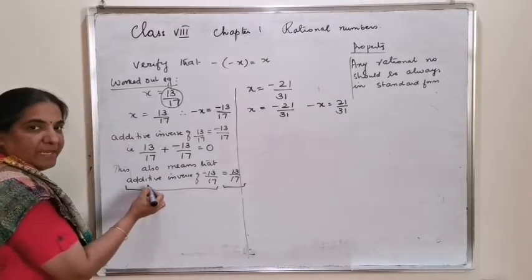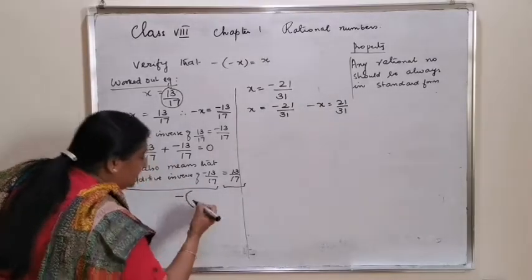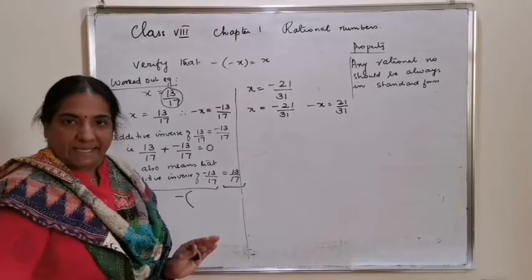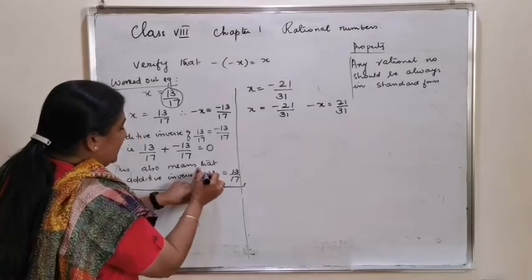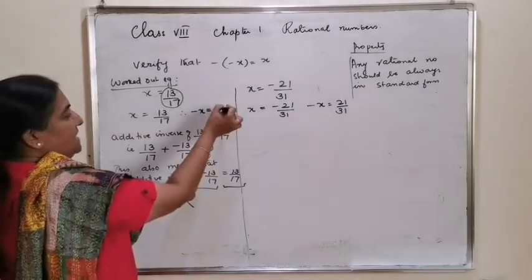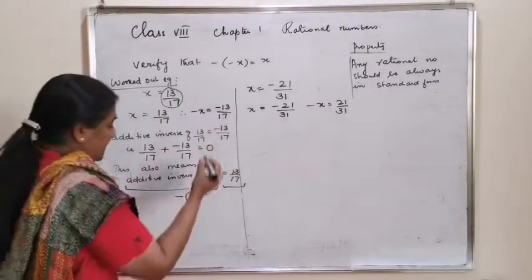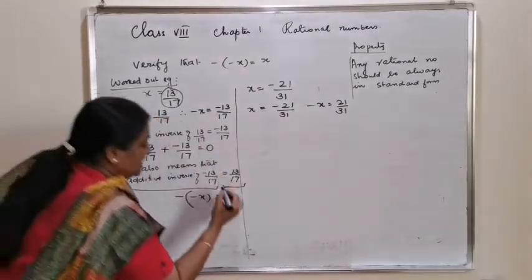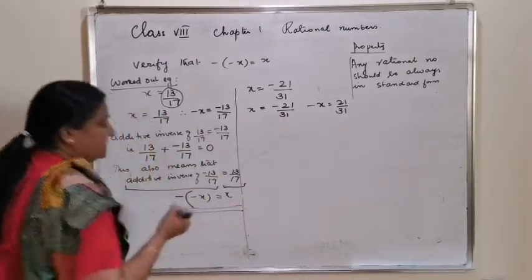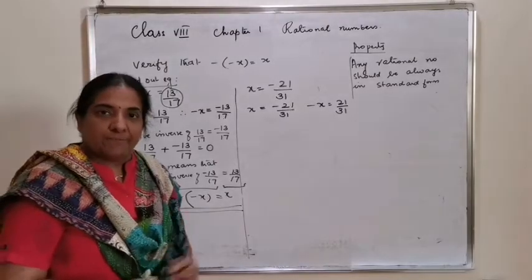Additive inverse means the negative of whatever number you are taking. Your minus 13 by 17 is minus x, and your 13 by 17 is x, and hence it is verified.